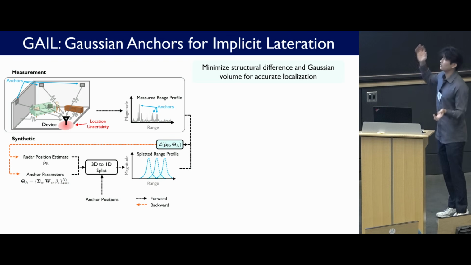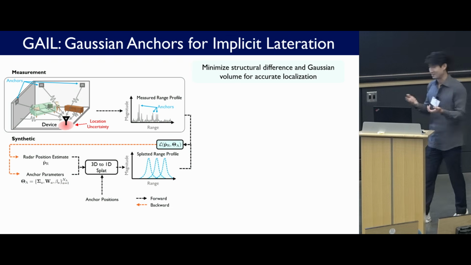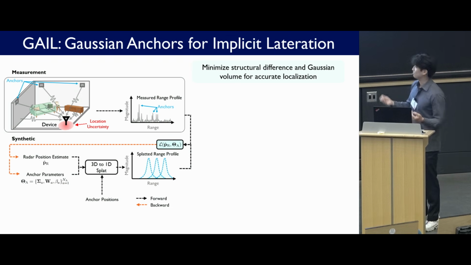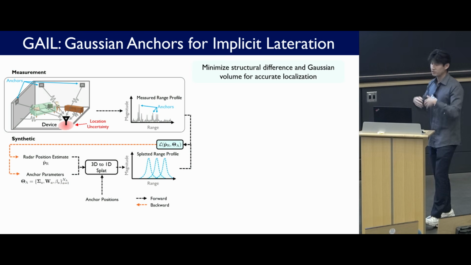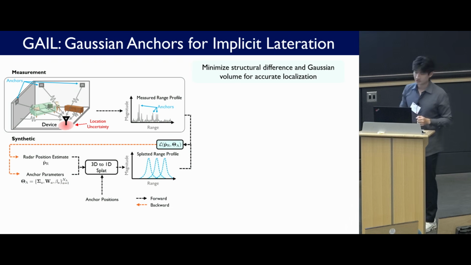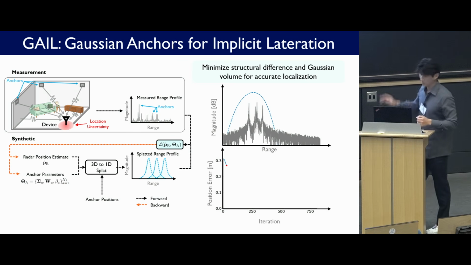And this loss is basically a correlation, right? So we maximize the correlation between the splatted range profile and the measurement range profile. We also put a regularization on the volume of my 3D Gaussian so that we encourage these things to shrink to a point to give us really fine localization accuracy. And this is what this looks like.